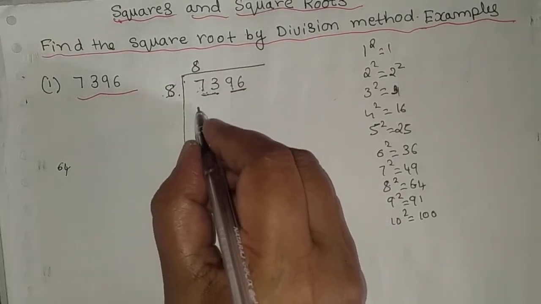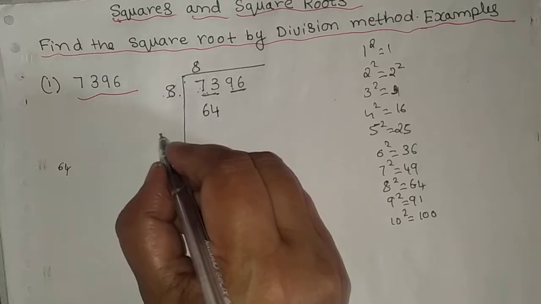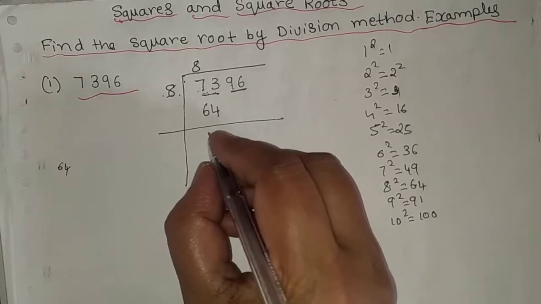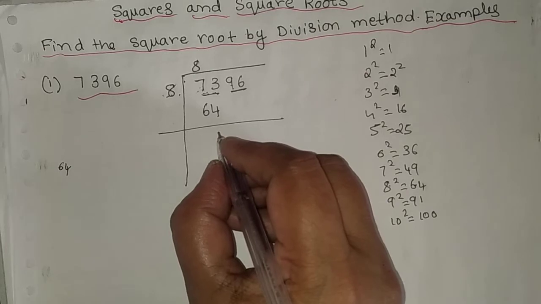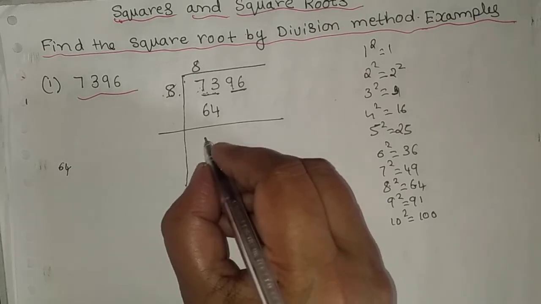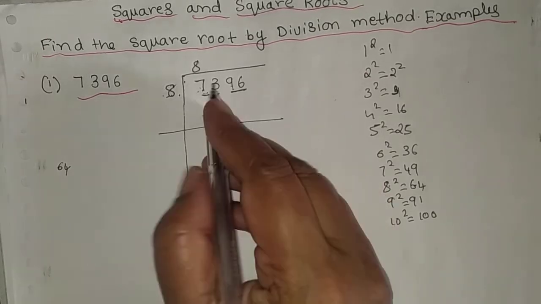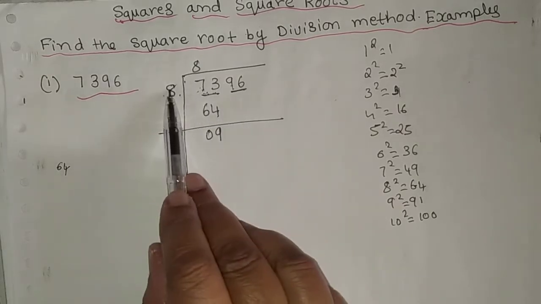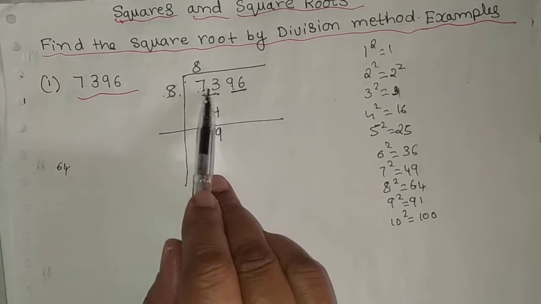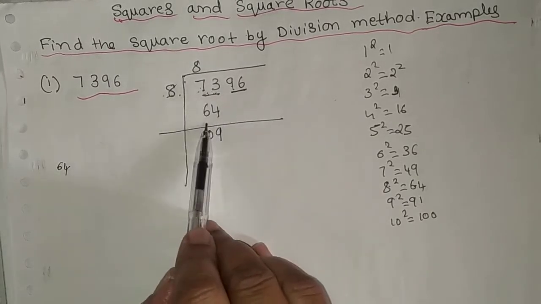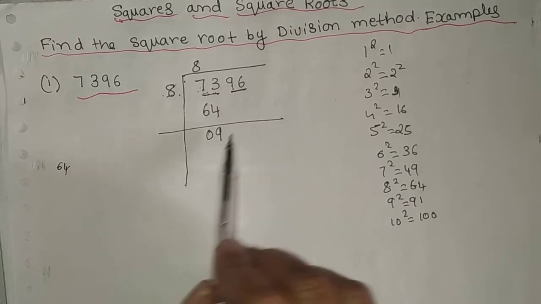Then we write 64 here. Then 73 minus 64 will become 9. So this is the first step: find the square of the number which is nearest to this number. Then minus this, we get 09.